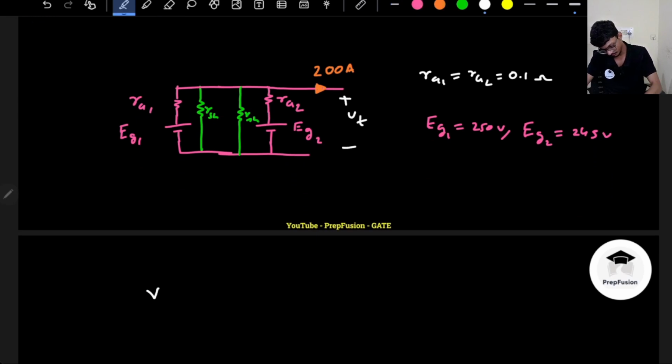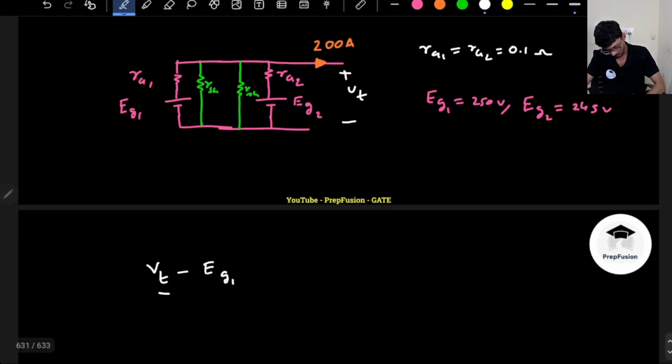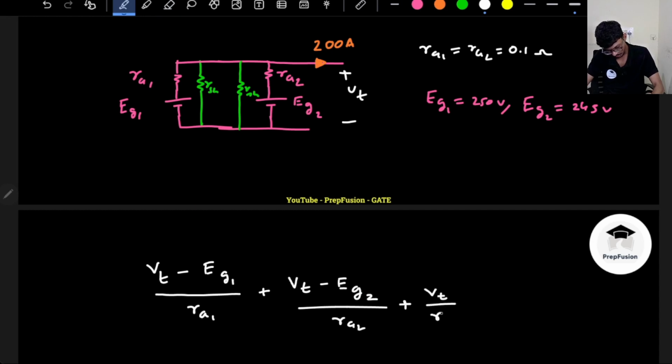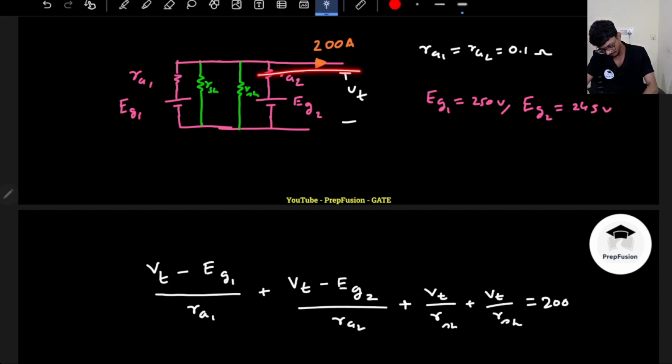It will be (Vt minus Eg1) divided by Ra1, plus (Vt minus Eg2) divided by Ra2, plus Vt divided by Rsh, plus Vt divided by Rsh, equals 200 ampere, because 200 ampere of load is going out.